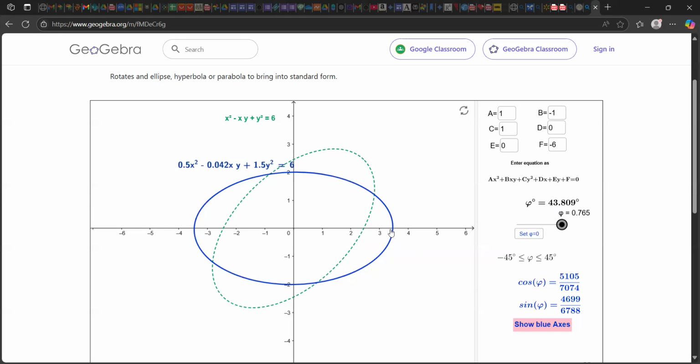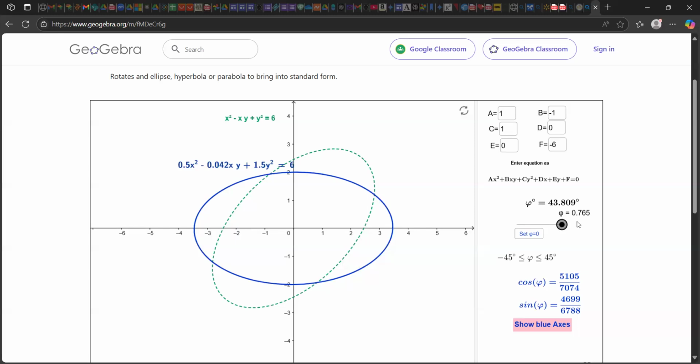Does it look like it rotated too much? My eyes must be dazzling. You're supposed to get phi equal to 45 degrees. We're not getting 45, we're getting 43.